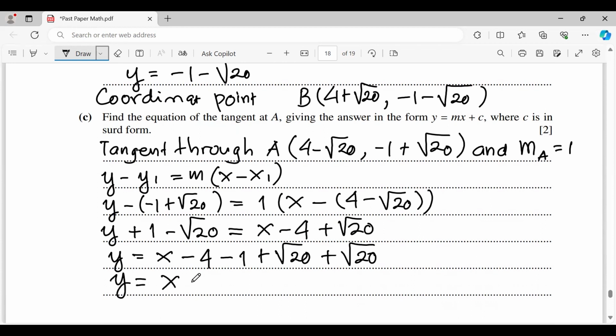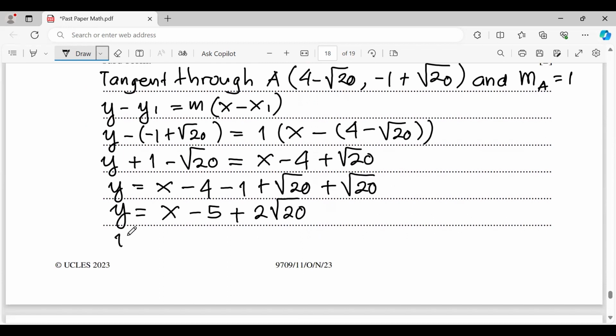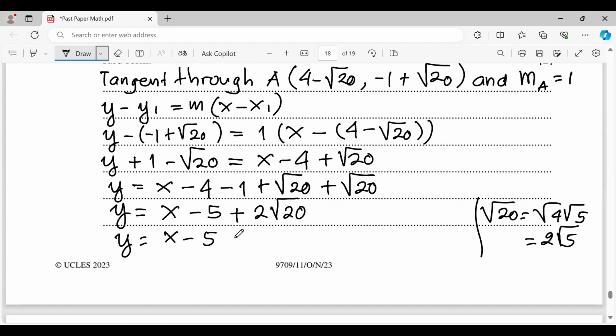So y equals x minus 5 plus 2 square root 20. We can simplify this, because square root 20 is square root 4 times square root 5, and square root 4 is 2. So square root 20 equals 2 square root 5. So y equals x minus 5 plus 2 times 2, 4 square root 5.